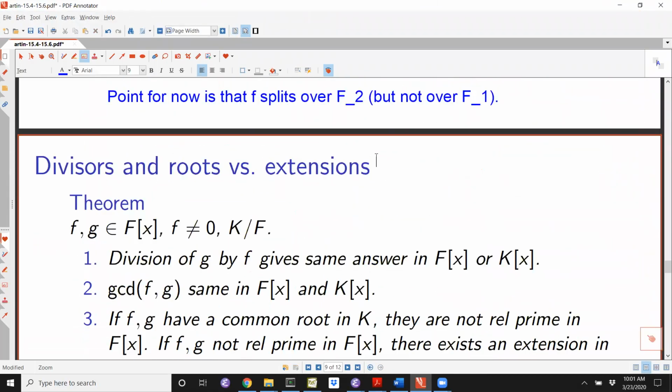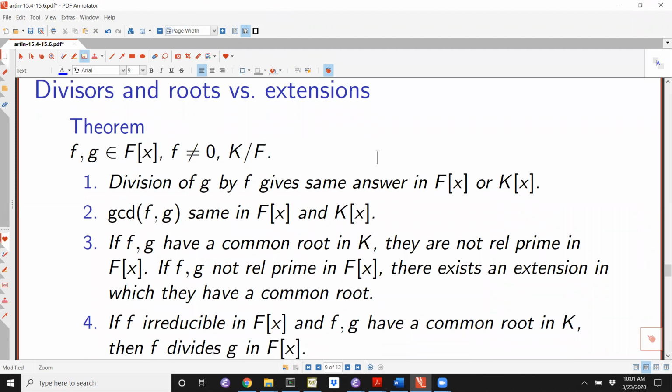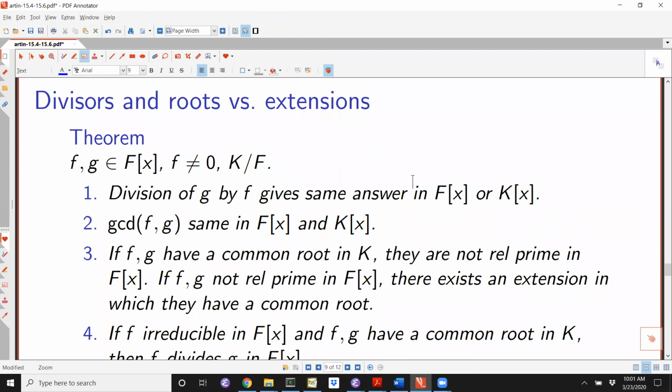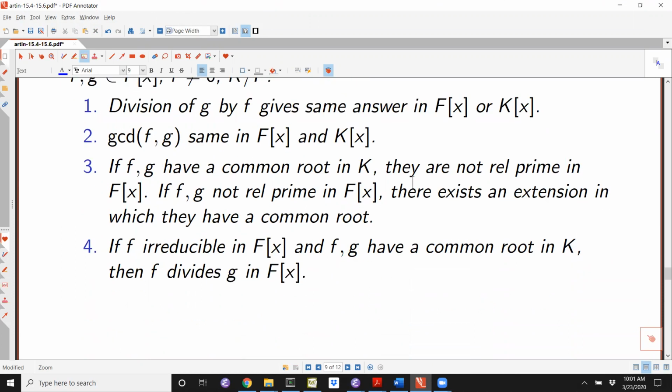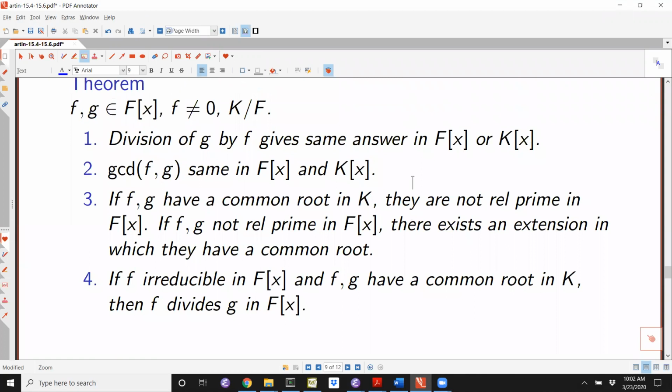So let's talk about what happens to divisibility in polynomial rings when you extend the field of coefficients. Most of this is not so interesting, so I might just do one of these things.